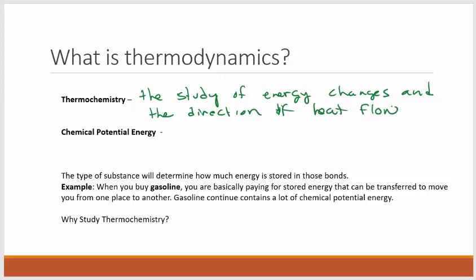In other words, let's say you have a beaker of something, let's say it's water, and you put something in that beaker and it starts to heat up. What's the direction of heat flow? If heat is flowing out of the system or into the system, those are some things that we're going to look at over the next couple of days.